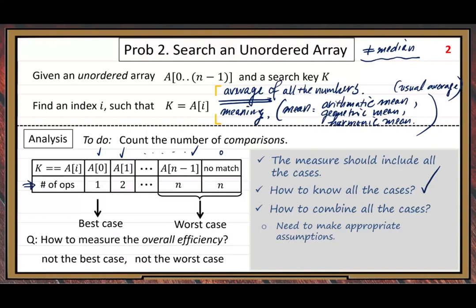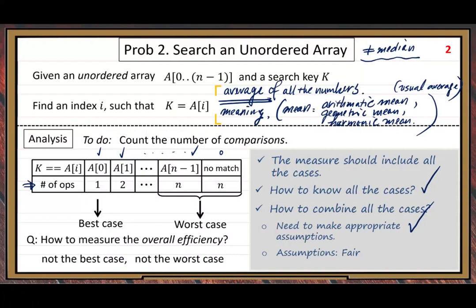All right. Our average should have some specific mean. So in order to describe the average, what kind of mean do we want to use? We need to make appropriate assumptions. The assumption should be fair and reasonable, reflecting real world situations.